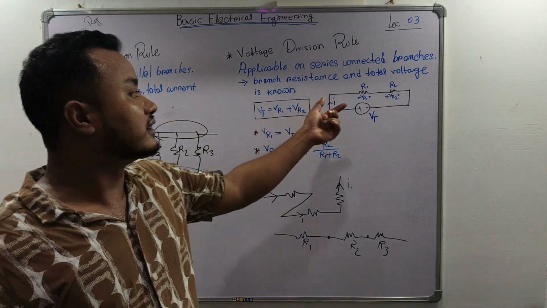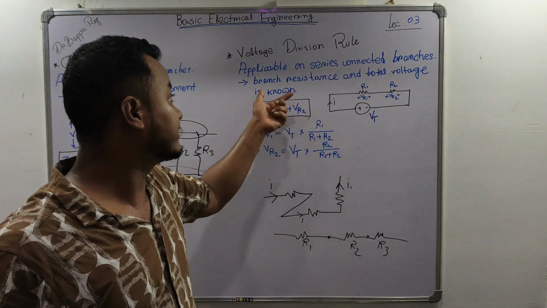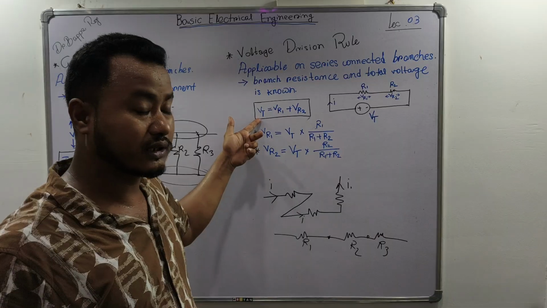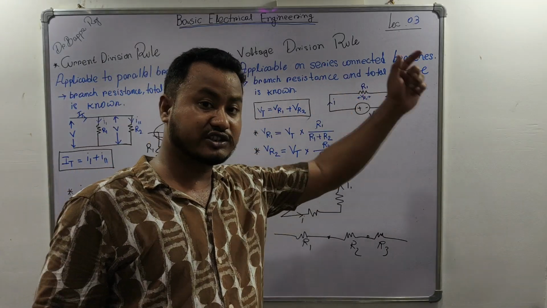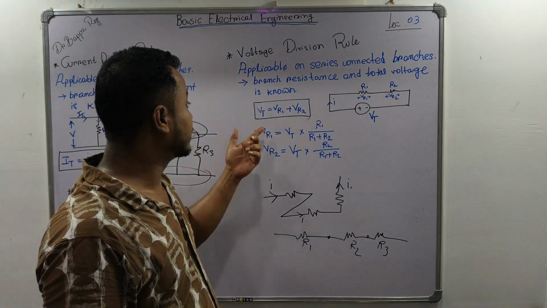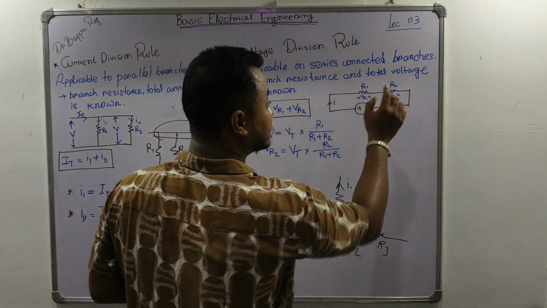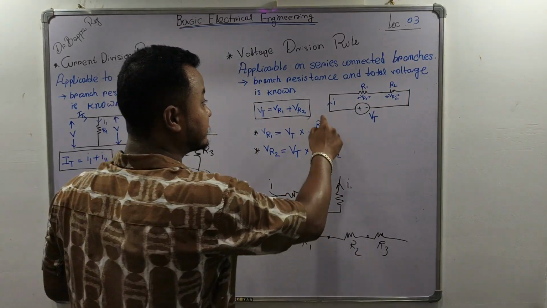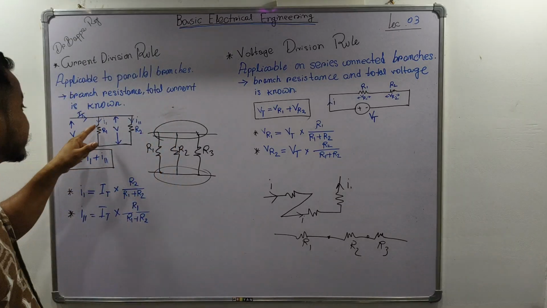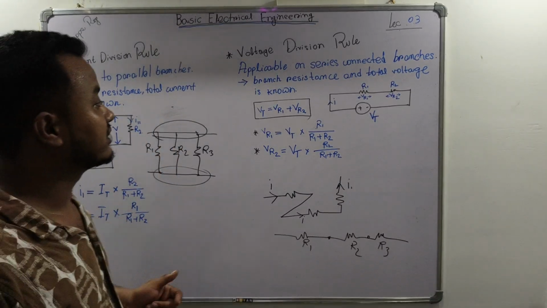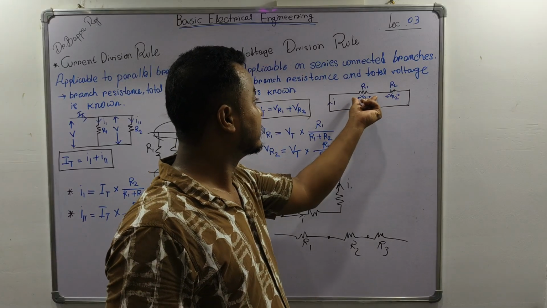Or components are connected in series, and we know the total resistance, total supply voltage and the resistance value of each branch. Keep in mind, in series voltage gets divided and in parallel current gets divided. So total voltage Vt is equal to VR1 plus VR2.